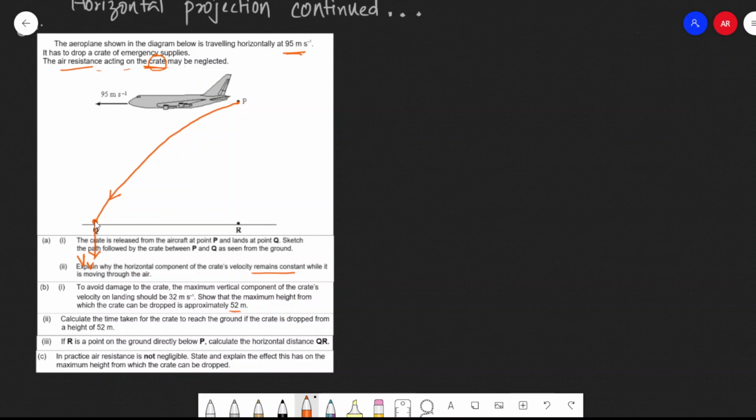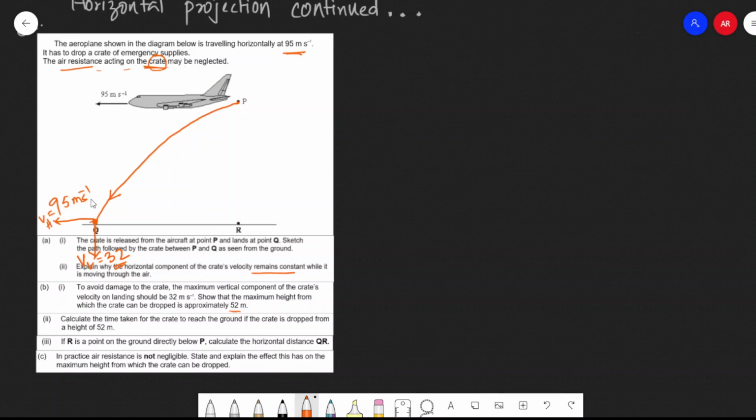Its horizontal velocity is still the same, 95 meters per second, because no air resistance is acting on it. The vertical velocity is 32, and for this vertical velocity of 32 meters per second to be gained, the crate should be released from a height of 52 meters.